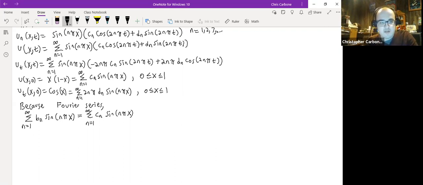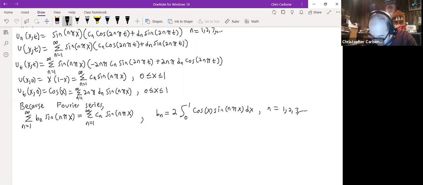So b sub n is going to be equal to 2 times the integral between 0 and 1 of cosine of x times sine of n pi x dx. And this is where n is 1, 2, 3, and so on.